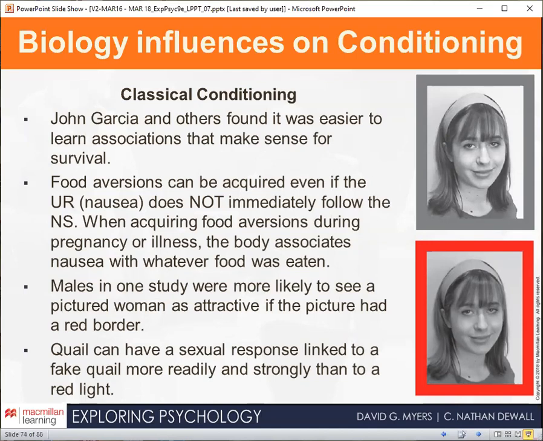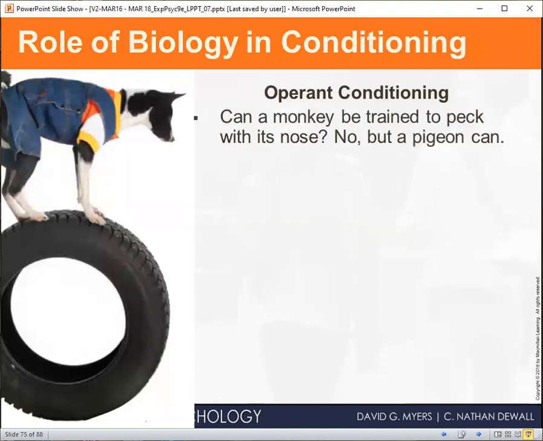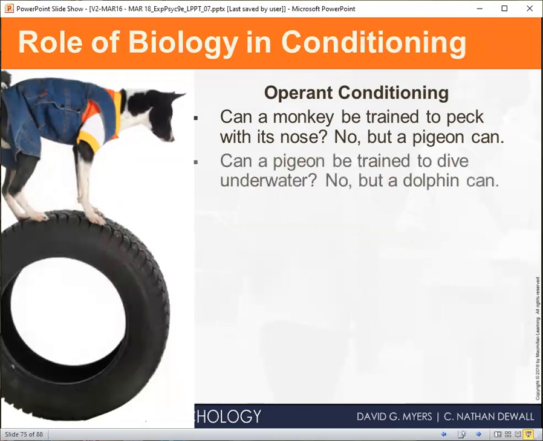Also, we can see it in this way as well. In operant conditioning, can a monkey be trained to peck with its nose? No, but a pigeon can. What we mean by this is the following.